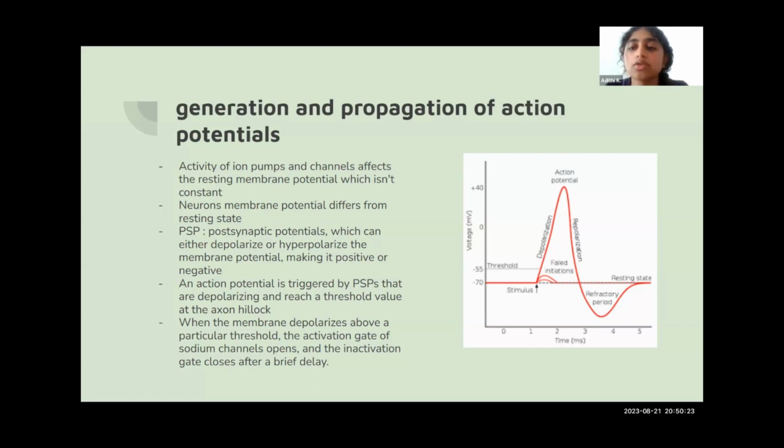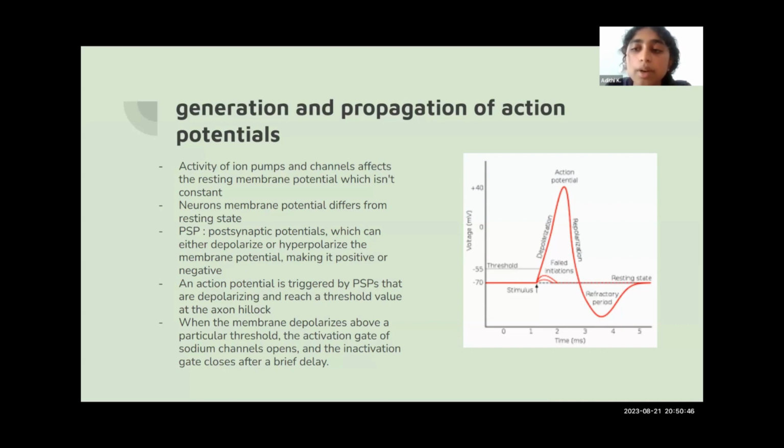Neurotransmitters commonly generate depolarizing PSPs by opening sodium or calcium channels on the postsynaptic membrane, allowing positive ions to enter the cell. Inhibitory neurotransmitters that open potassium or chloride channels on the postsynaptic membrane, enabling positive ions to exit or negative ions to enter the cell, are the typical culprits behind hyperpolarizing PSPs.